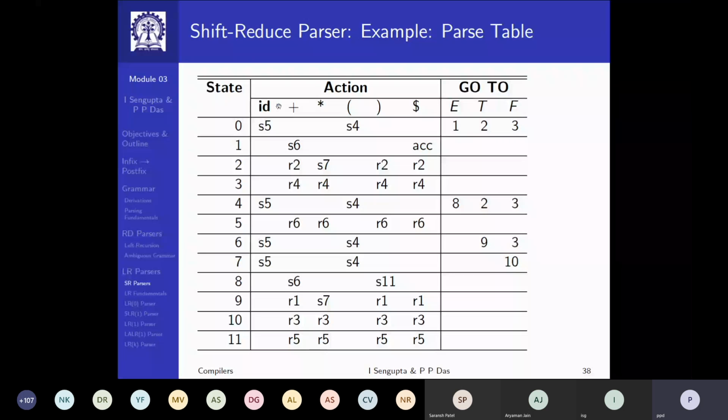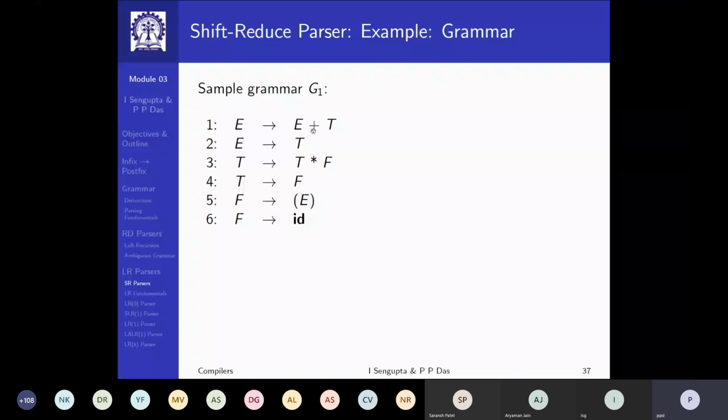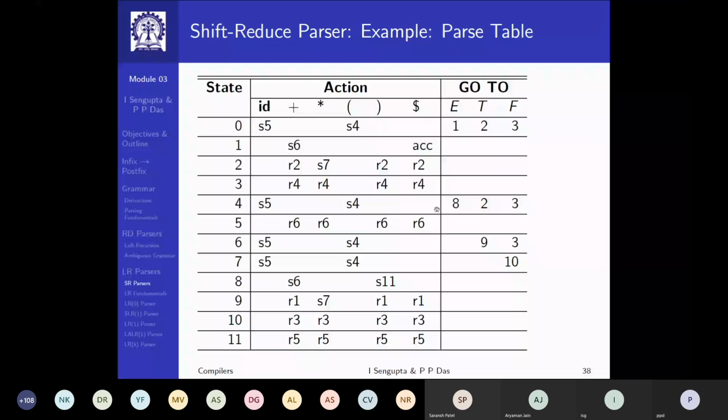If I go back to the grammar, the input symbols could be plus, star, opening parenthesis, closing parenthesis, and ID, and we will specially accommodate dollar to mean the end of input. Every entry in the action part tells us, given this state and this input, what action the DFA should take. So this is a kind of coding of a state transition.